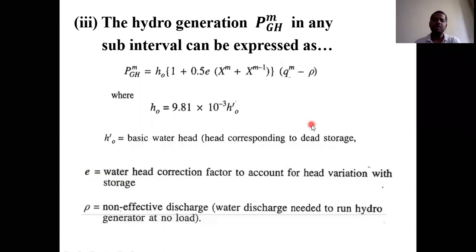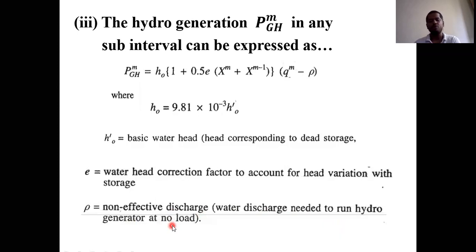And one more important term is here, the rho value. What is the meaning of rho value? Even if you operate your hydro power plant under no load condition, in order to meet your basic purposes like drinking water and agriculture purpose, we need to discharge some of the water. So that means here rho represents non-effective discharge. It represents the water discharge needed to run the hydro generator at no load.